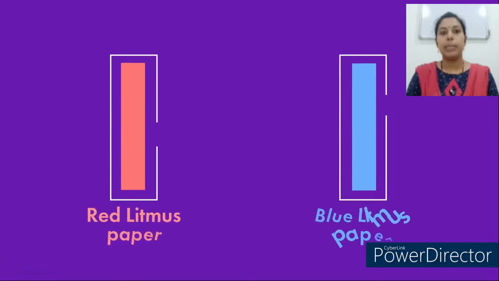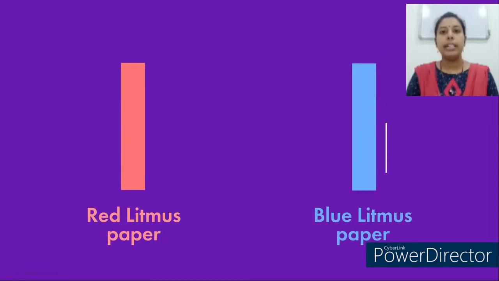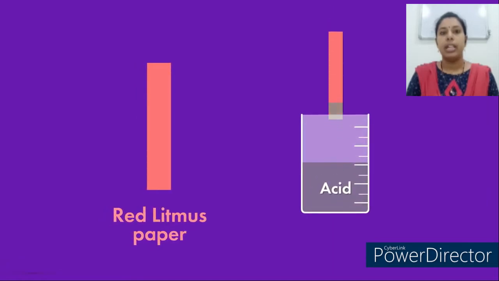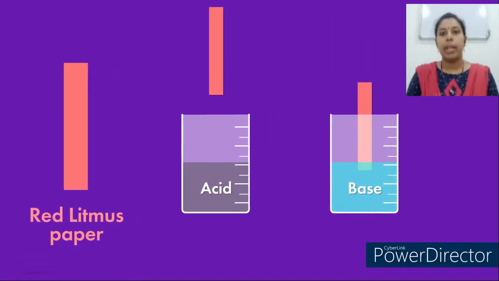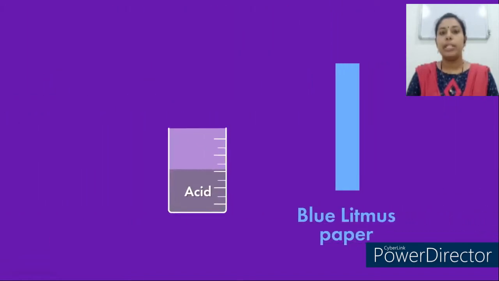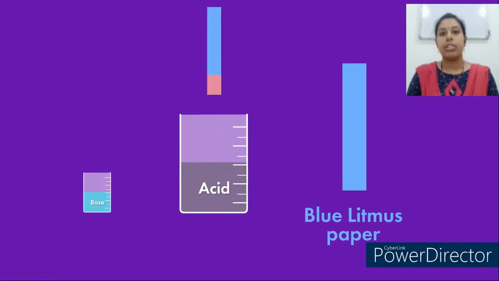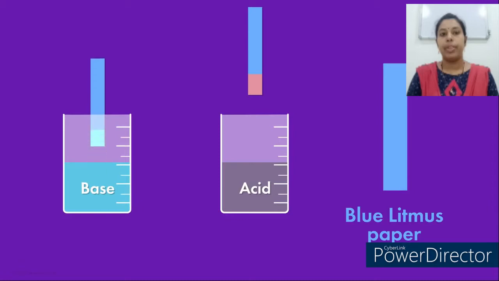Two colors of litmus papers are usually available: red litmus paper and blue litmus paper. The red litmus paper, when it comes in contact with an acid, does not change color but turns blue in base. The blue litmus paper turns red in acid but remains unchanged in base.